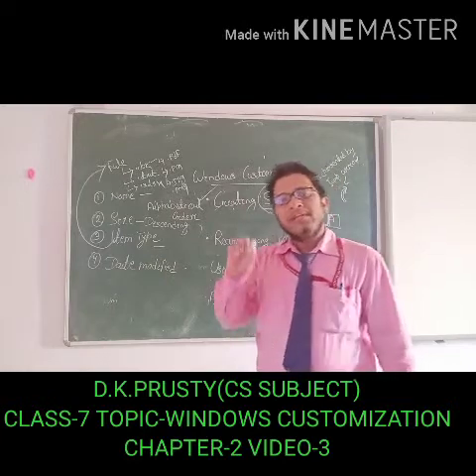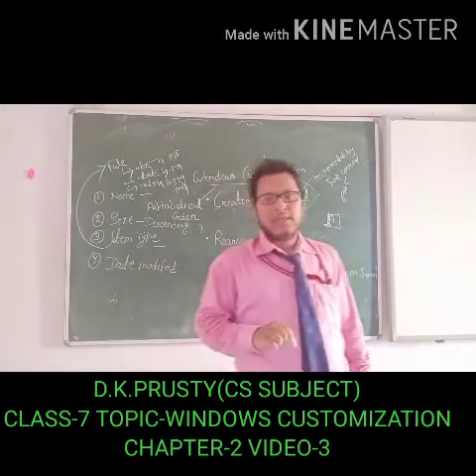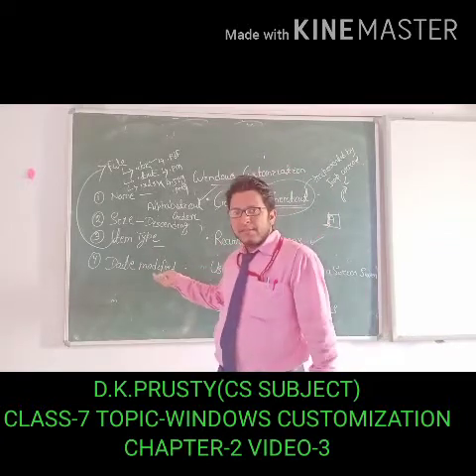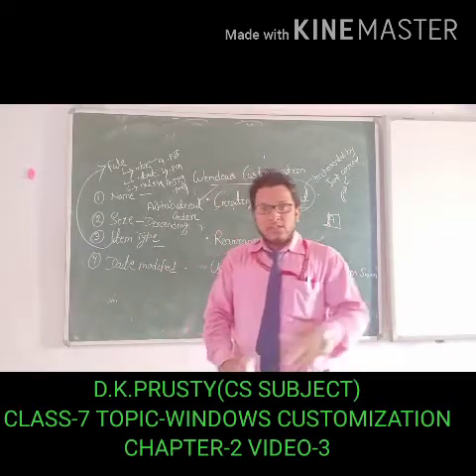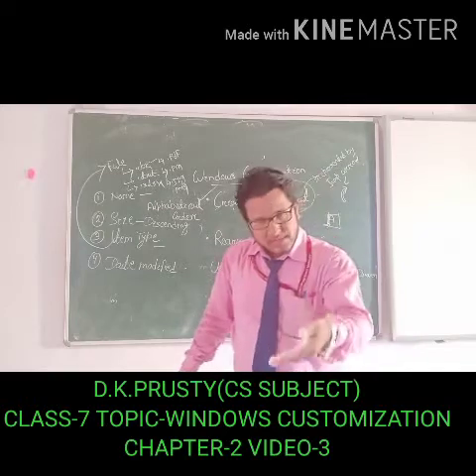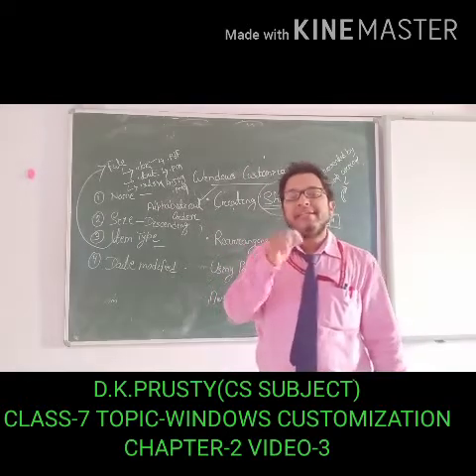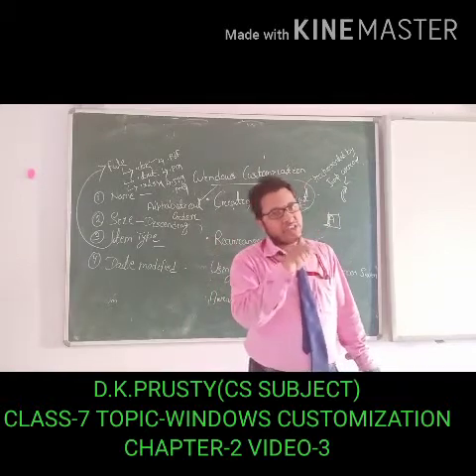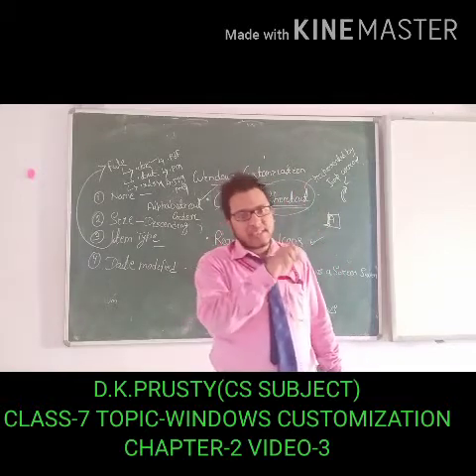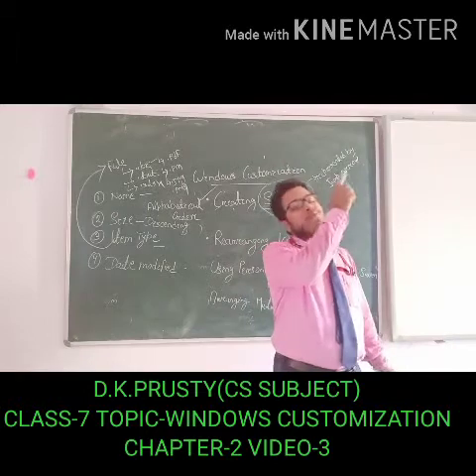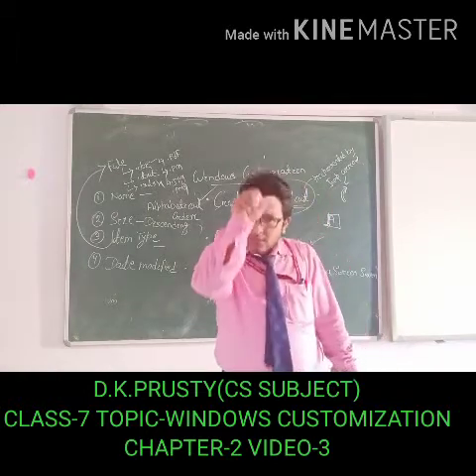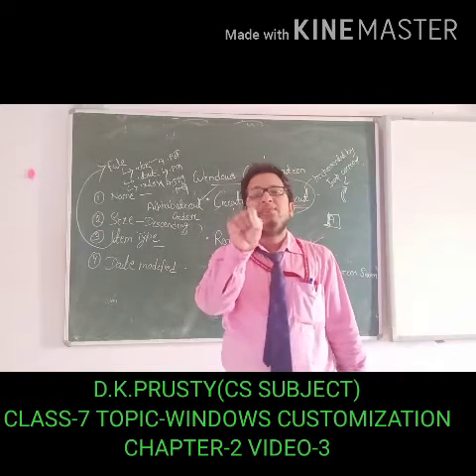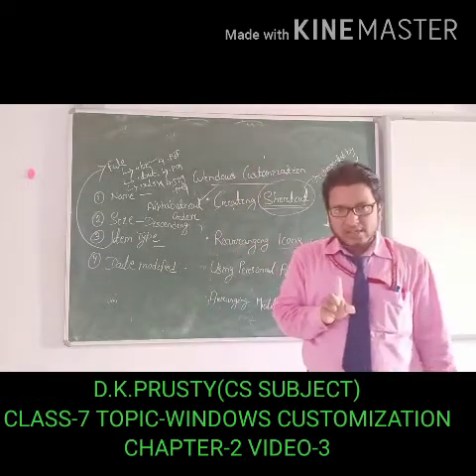If you remember the day you created the file and click on date modified, the current date will be displayed first. If I create a file today, today's date will be displayed, then yesterday, then the day before yesterday, and like this the files, folders, or icons will be displayed according to date modified. Is that clear, students?